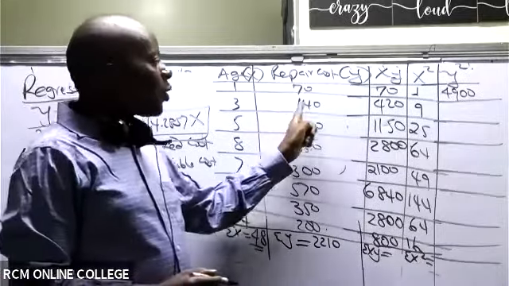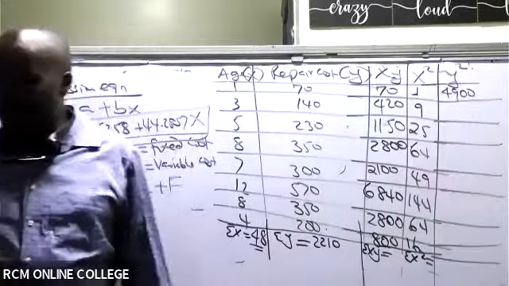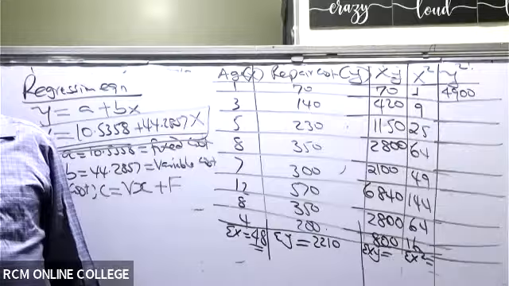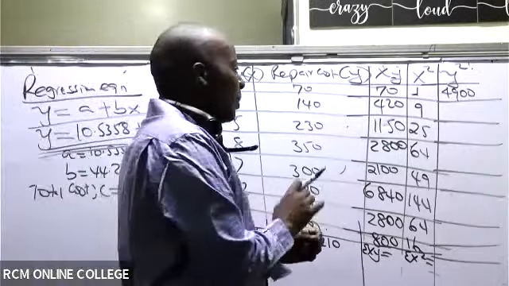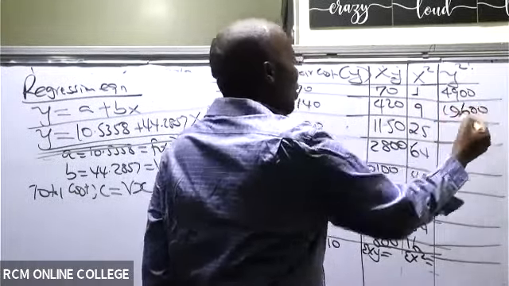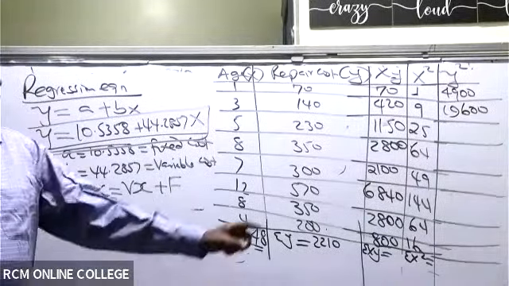So then 140 squared gives me what here? 140 squared, 19,600. I hope everybody is able to punch there. 140 squared is the same as 140 times 140. So I'm being given a figure of 19,600.